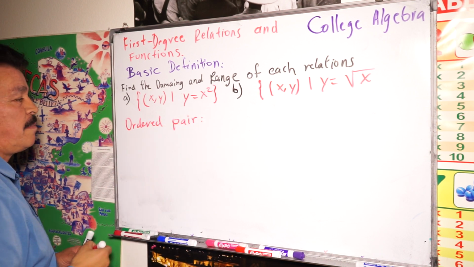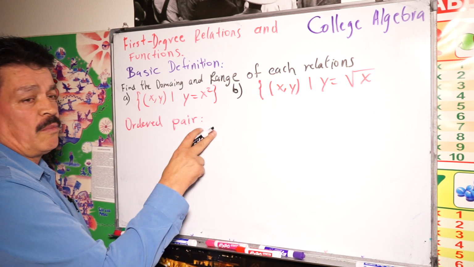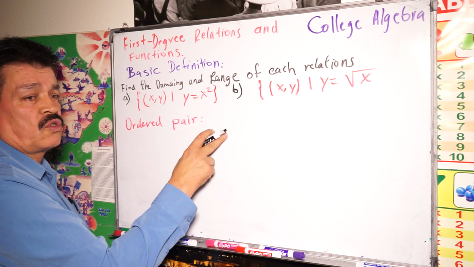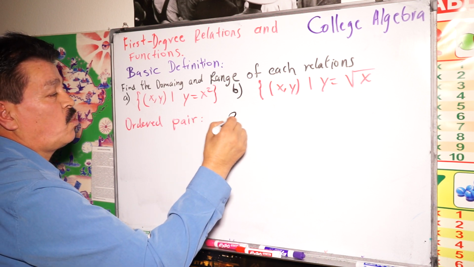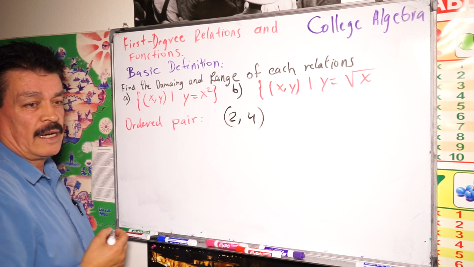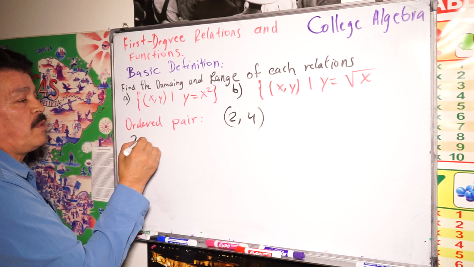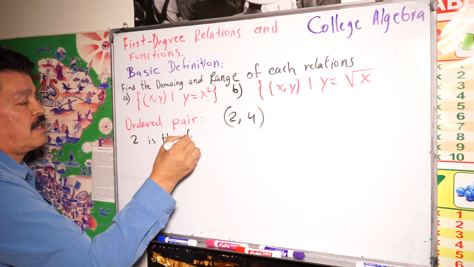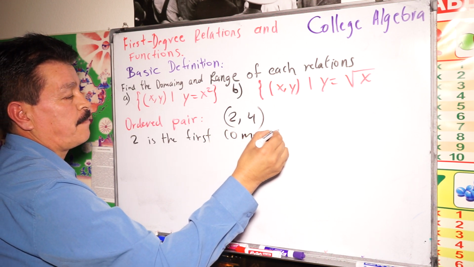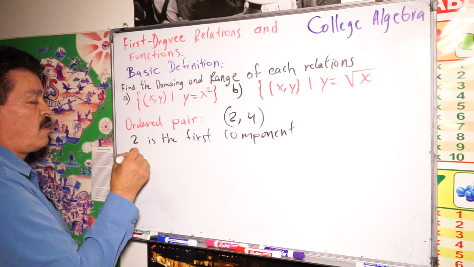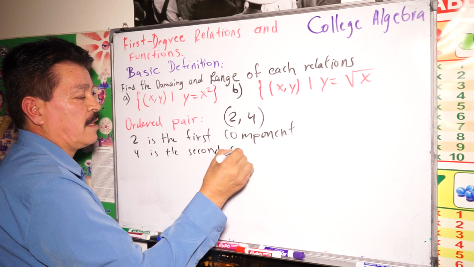An ordered pair consists of two numbers written in parentheses, such as (2, 4). 2 is the first component, and 4 is the second component.